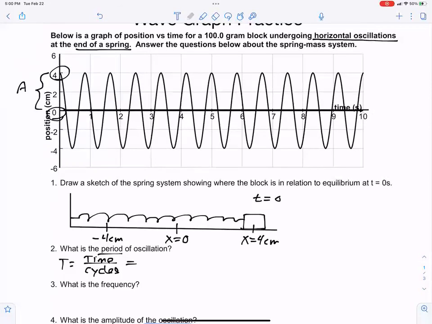In this case, we're starting up at the top. The wave starts up at the top. So it would be 1 cycle. This would be 1, 2, 3, 4, 5, 6, 7, 8, 9, 10, 11, 12 cycles in 10 seconds.